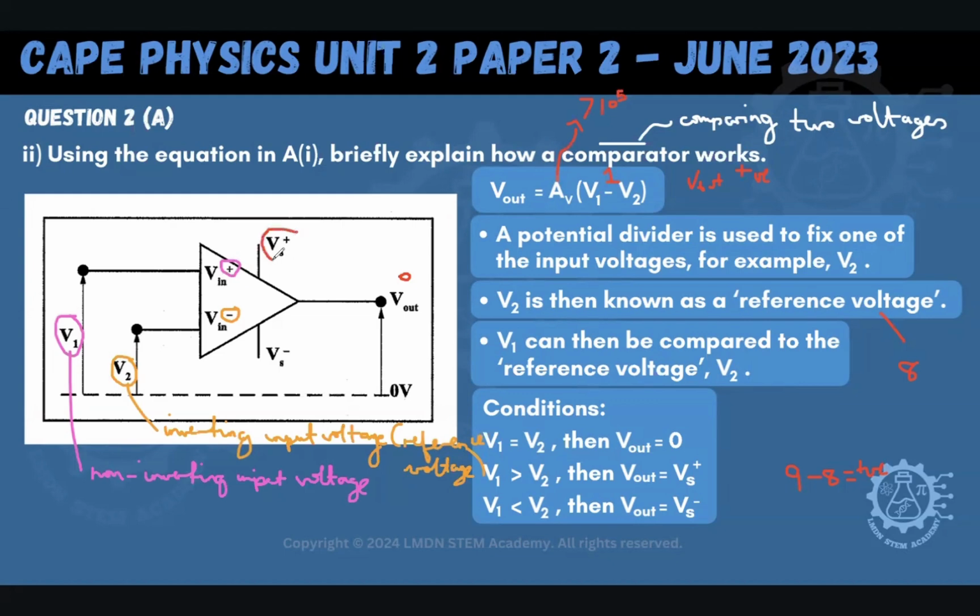So when V1 is greater than V2, we're going to saturate and we're going to see our positive power supply value. If you look at your output and you see that you're positively saturated, then you will know that your V1 is larger than your V2.